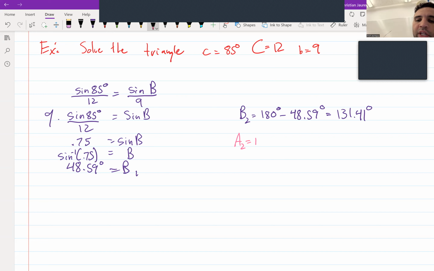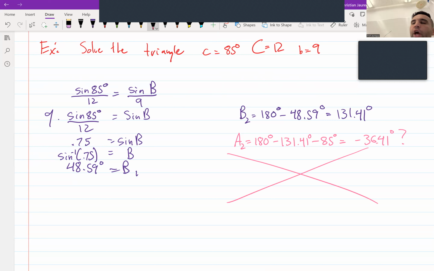Big A2 is going to equal 180 degrees minus 131.41 degrees minus 85 degrees. And then you suddenly look at that, that's too many degrees there. You subtract that off, and it's a negative number, negative 0.41. Basically, no second triangle exists.